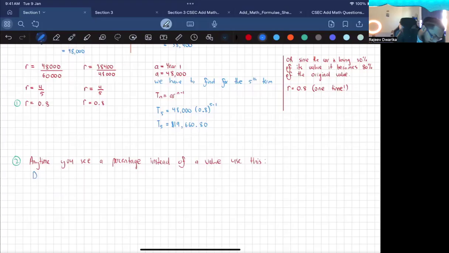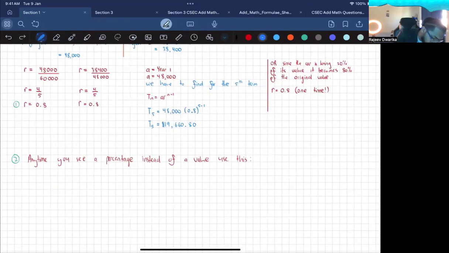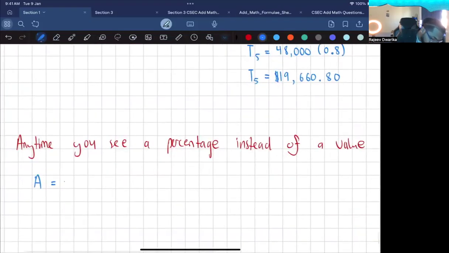So the amount will be the principal times 1 minus R, to the power N.